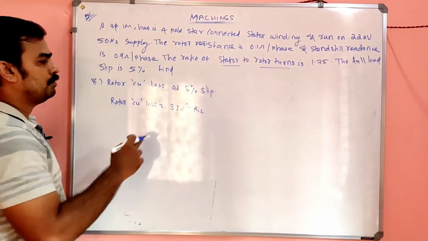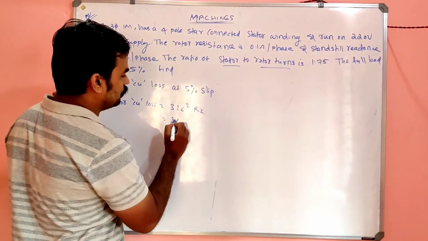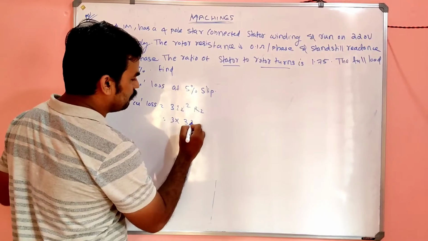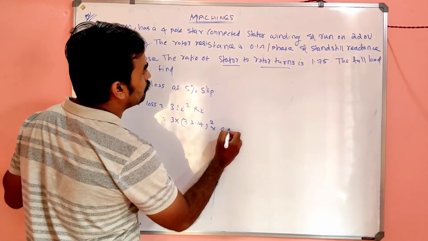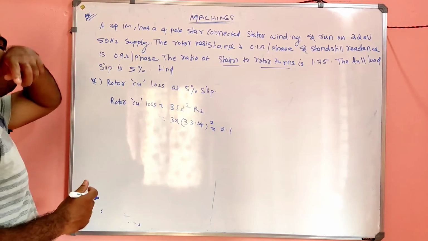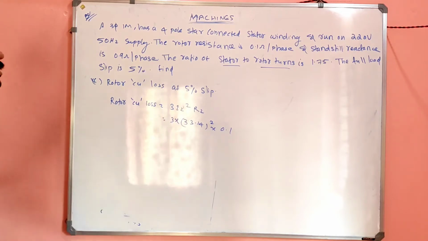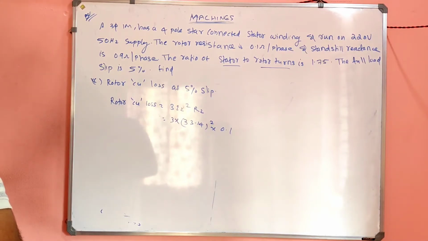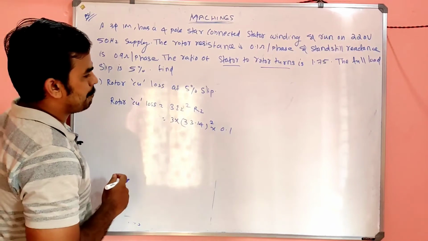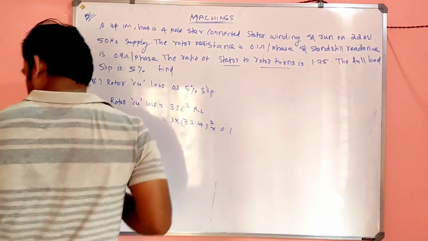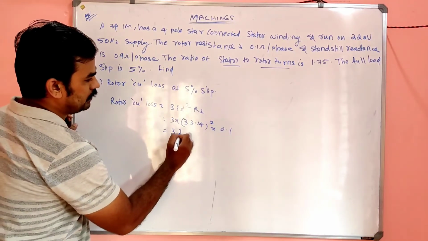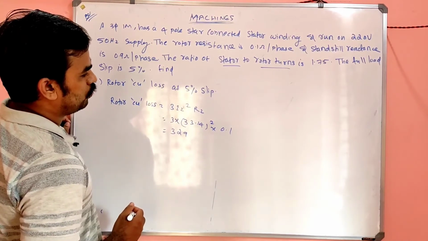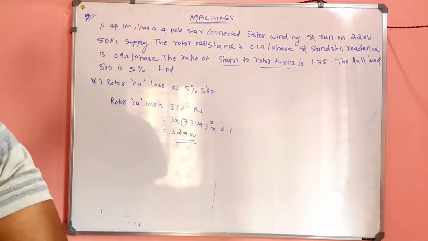So rotor copper loss will be 3 into 33.14 squared into 0.1, which gives nearly 329 watts. So that is the rotor copper loss.